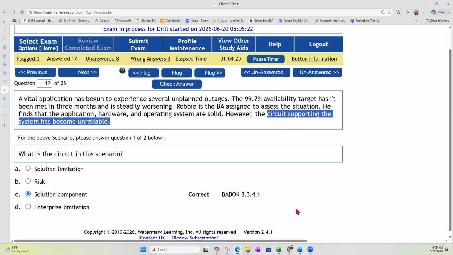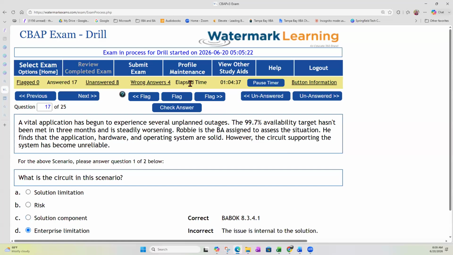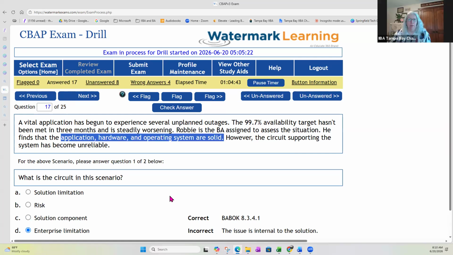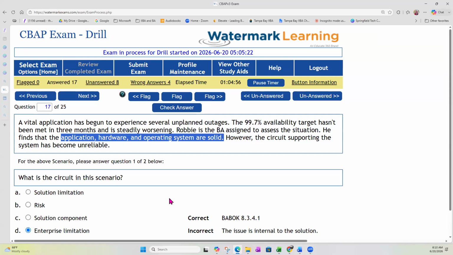Can we see the solution limitation option? From my side, the solution component is the correct one because application, hardware, and operation are solid. So the component would be the one which is bringing the problems. Yeah, but it still doesn't make sense to me.